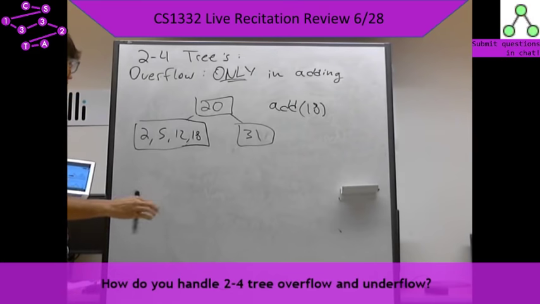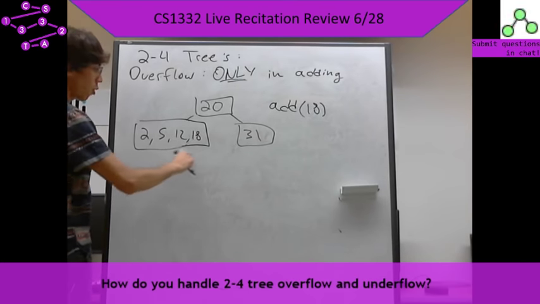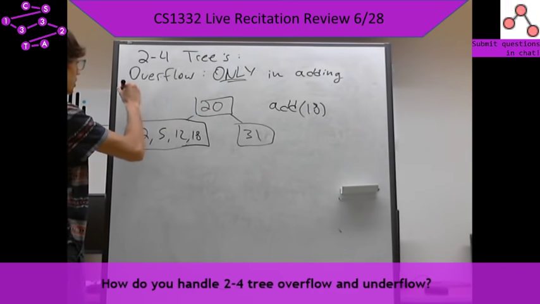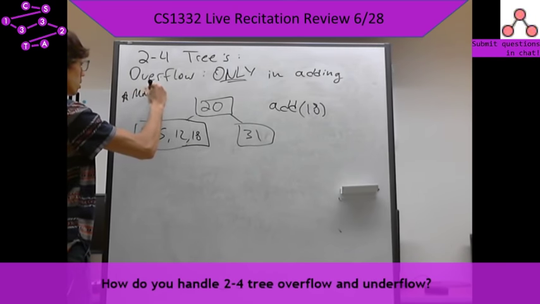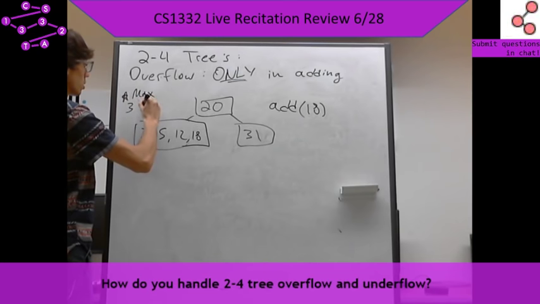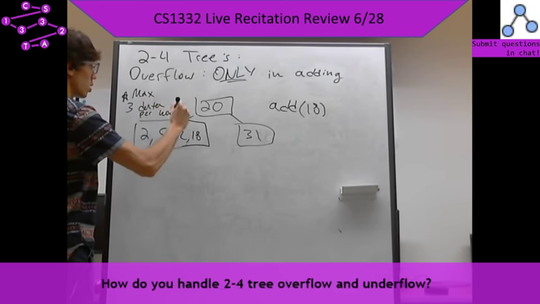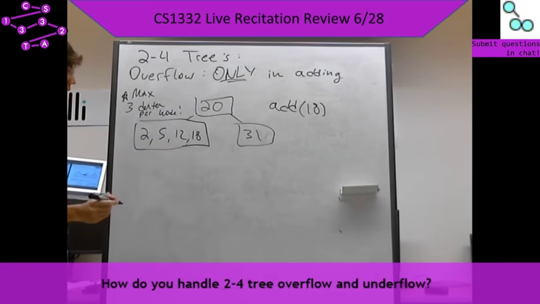But if you notice, we now have 4 data elements in this node, and our max is 3. We have a max of 3 data elements per node.